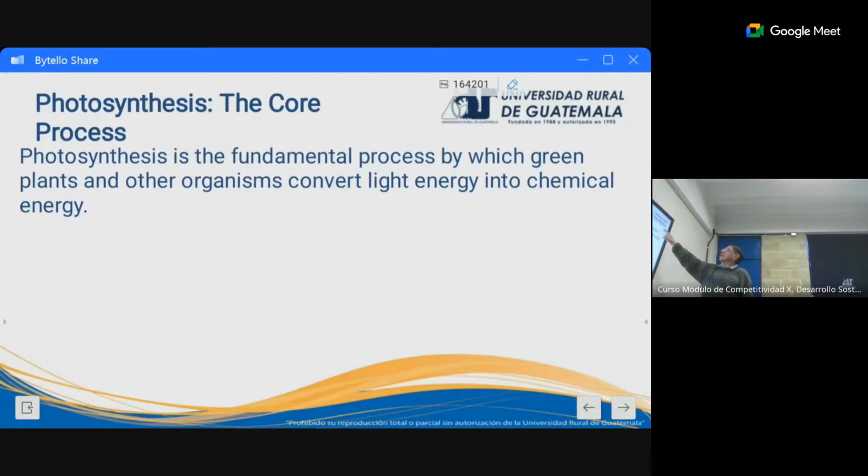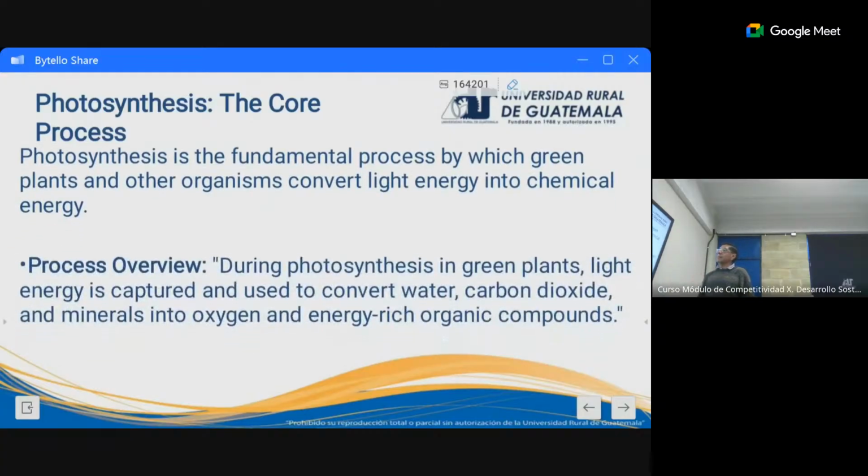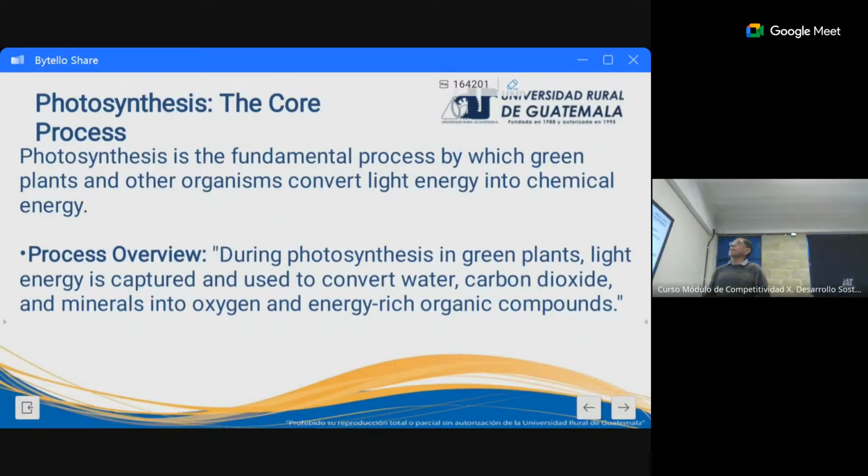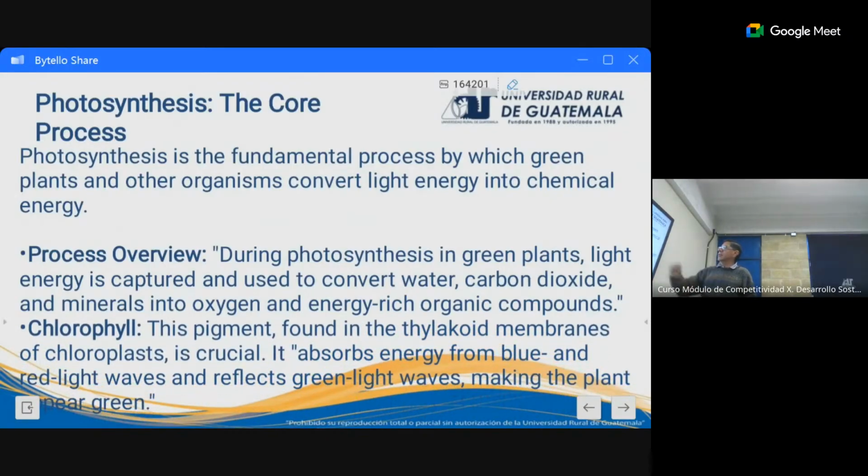So, as a summary here, we have the core process, that is the fundamental process by which green plants and other organisms convert light energy into chemical energy. The process overview says that during photosynthesis in green plants, light energy is captured and used to convert water, carbon dioxide, and minerals into oxygen and energy-rich organic compounds.